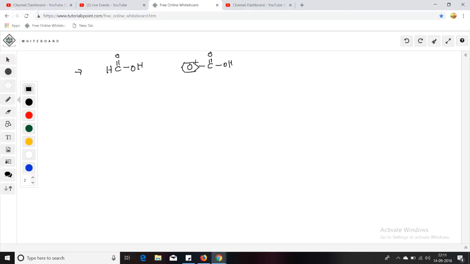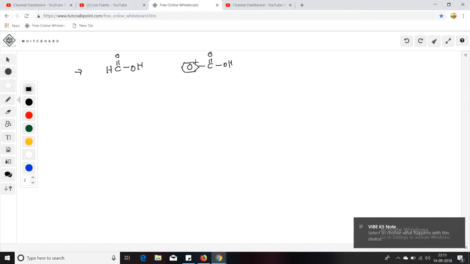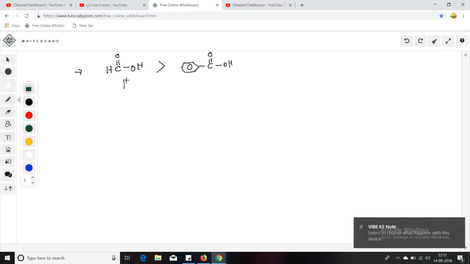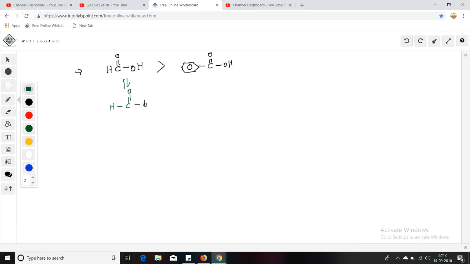Which one is more acidic in this? See, we can understand this by comparison. Obviously, formic acid is more acidic than benzoic acid. If I write the conjugate base of this, that will be H C double bond O, O minus.